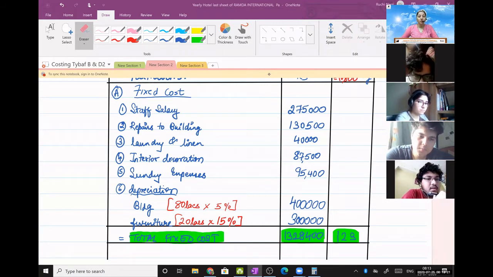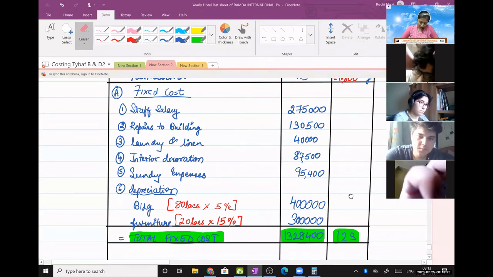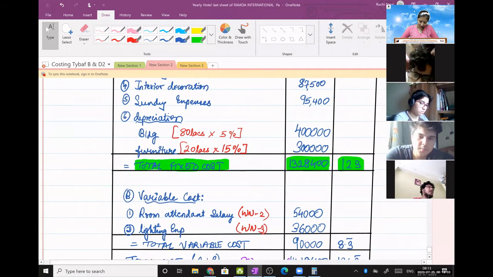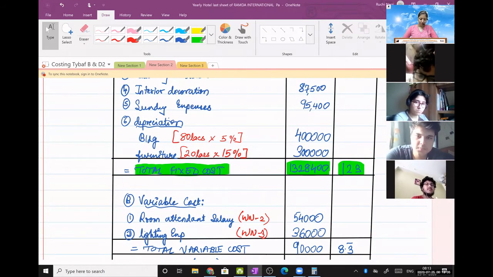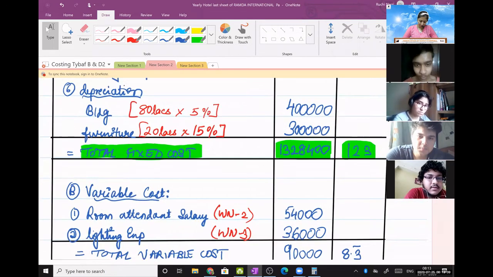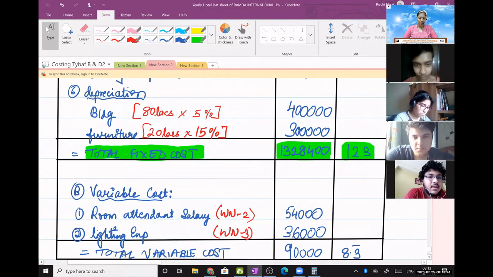So now I'm moving on to the next, that is variable cost. We have already calculated it, we just have to copy paste it here. Variable cost: we have only two expenses in the question.